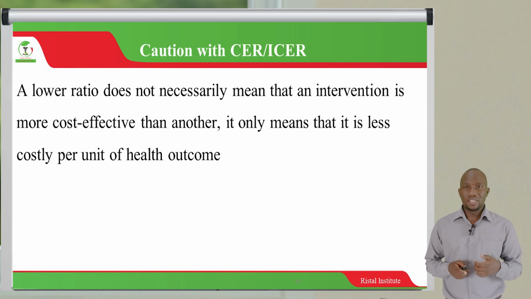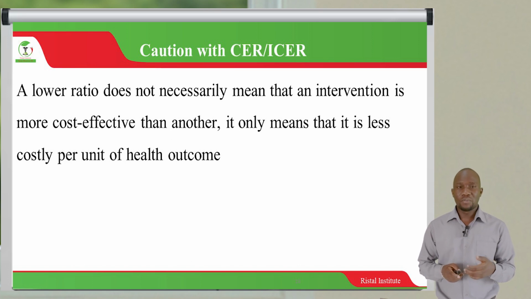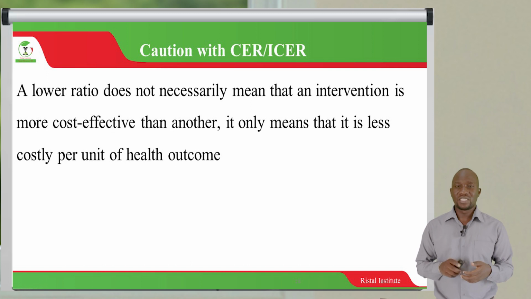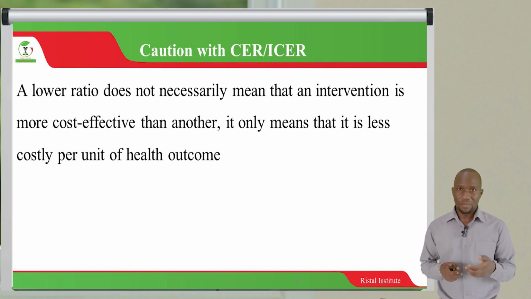So when you're interpreting the cost effectiveness ratio, it's very important to realize that a lower ratio does not necessarily mean that the intervention is cost effective. Okay, it does not necessarily mean that. It only means that the cost per unit is lower, but overall, the cost effectiveness may not be interpreted that way.